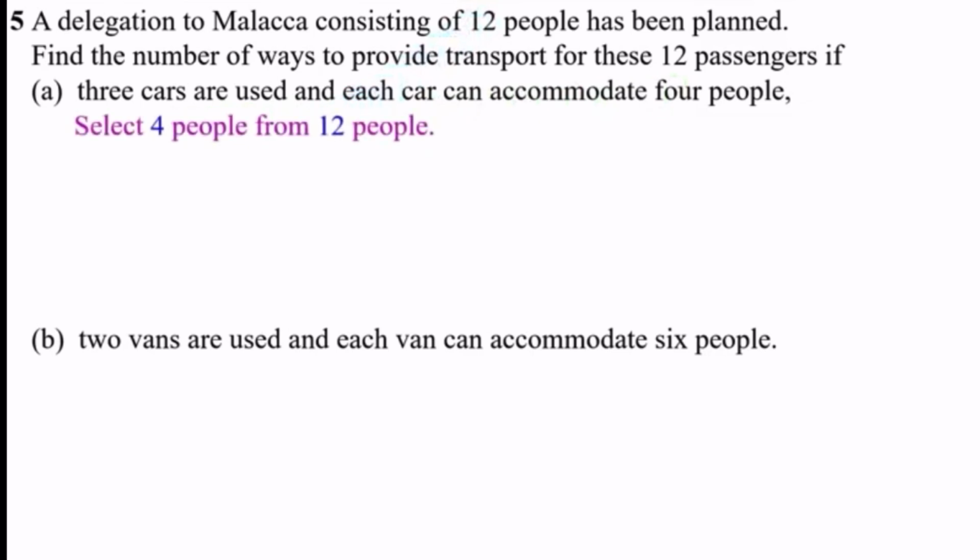So, in order to select, we need to select 4 people from 12 people first to go in the first car, 12C4. After that, for the 8 people remaining, we will choose another 4 for the second car. So it will be 8C4, right?